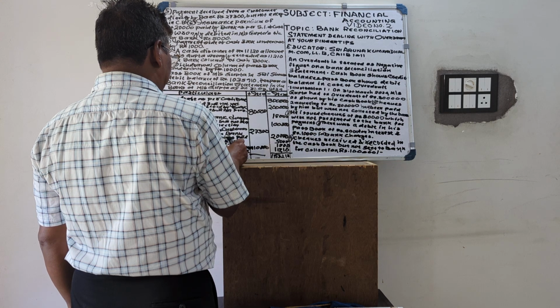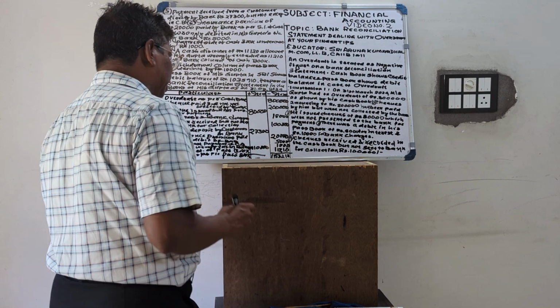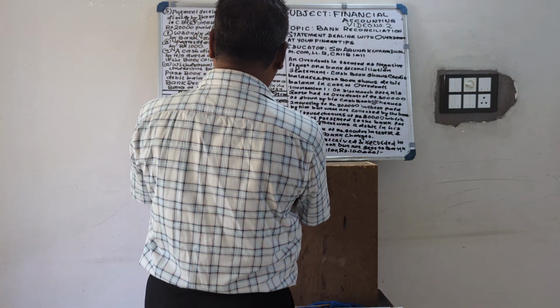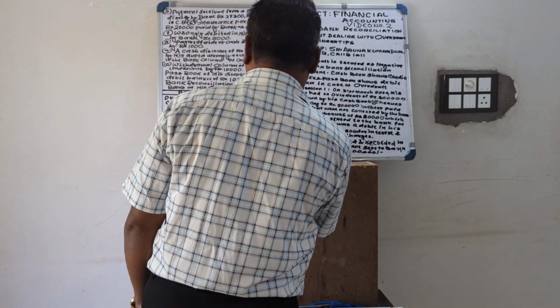So if the balance is given, we have to reconcile. Otherwise, we have to estimate how much. So the difference is, we have to add these, 80,000, 27,300, 1,07,300.